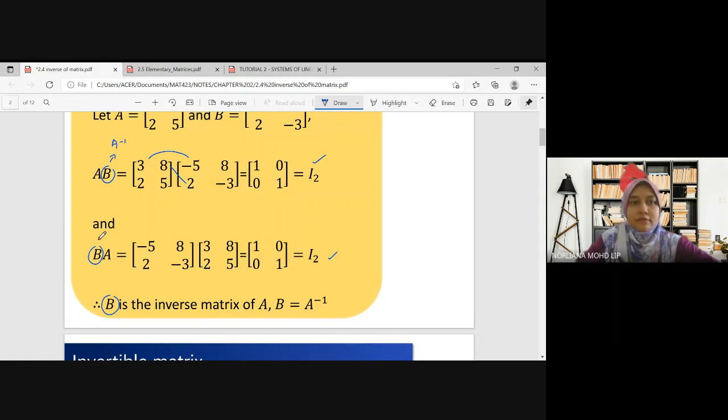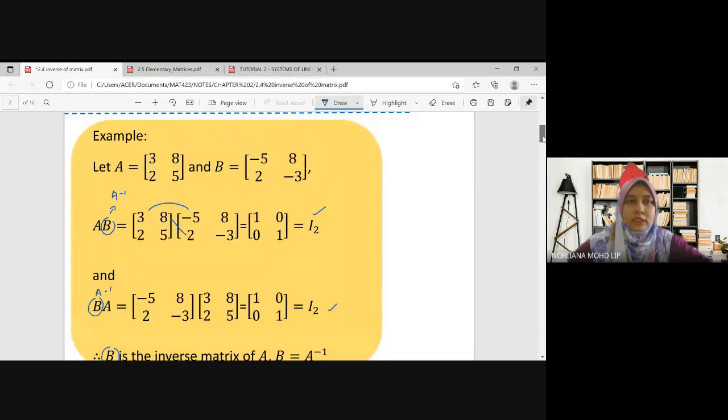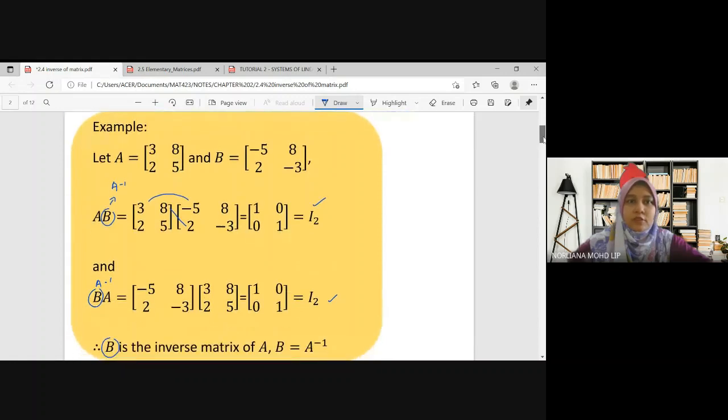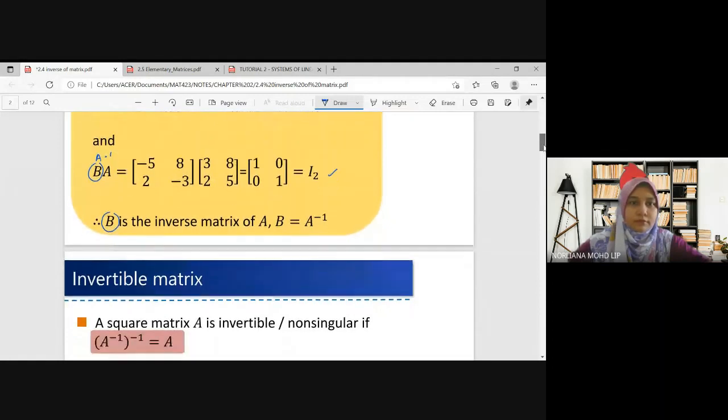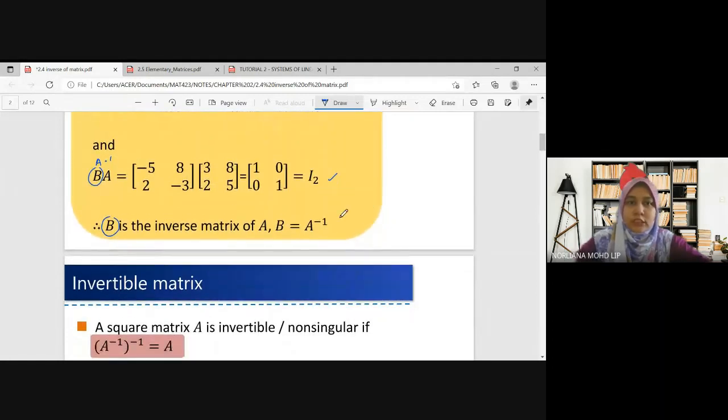This is proven, whether B is the inverse of matrix A or not. So we can prove using this equation: A times B is equal to B times A is equal to the identity matrix.